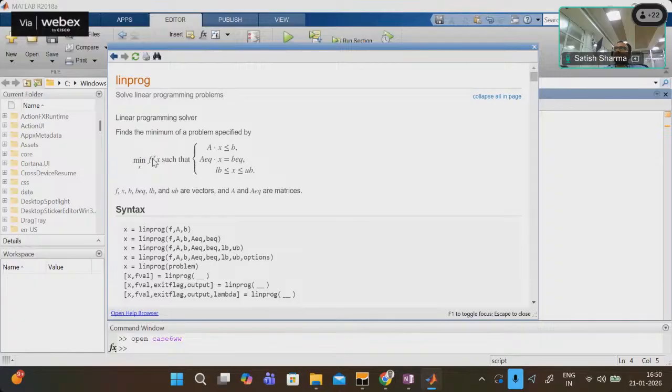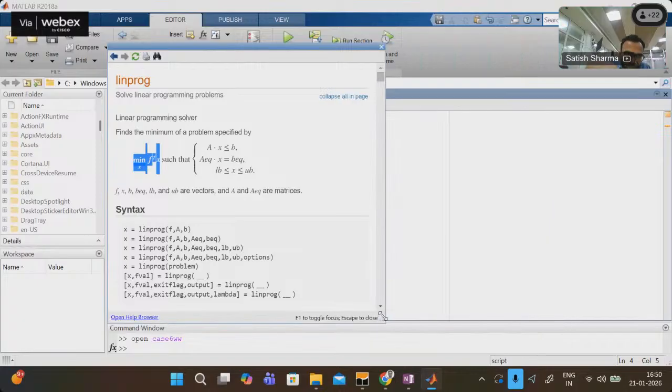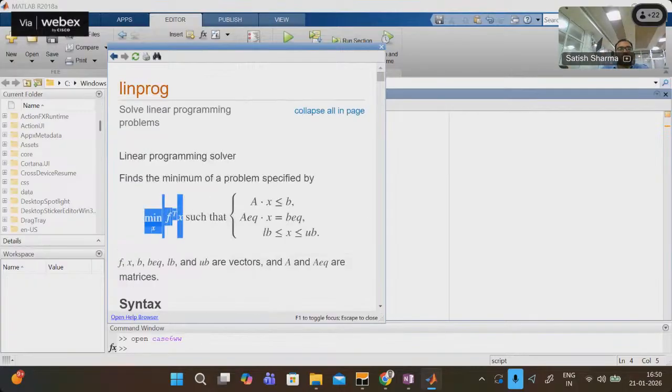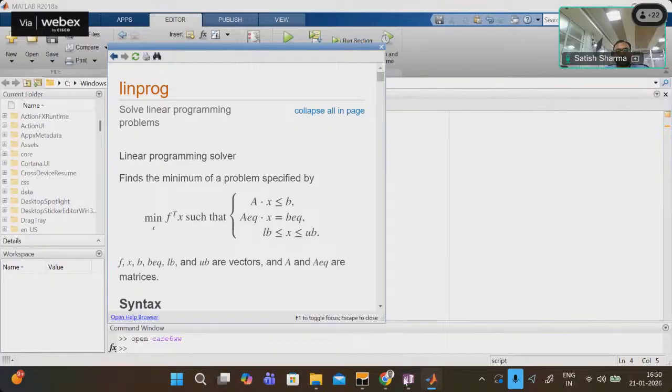A linear programming problem is basically a minimization of a certain function, subject to the constraints: equality constraints, inequality constraints, and lower bound and upper bound.